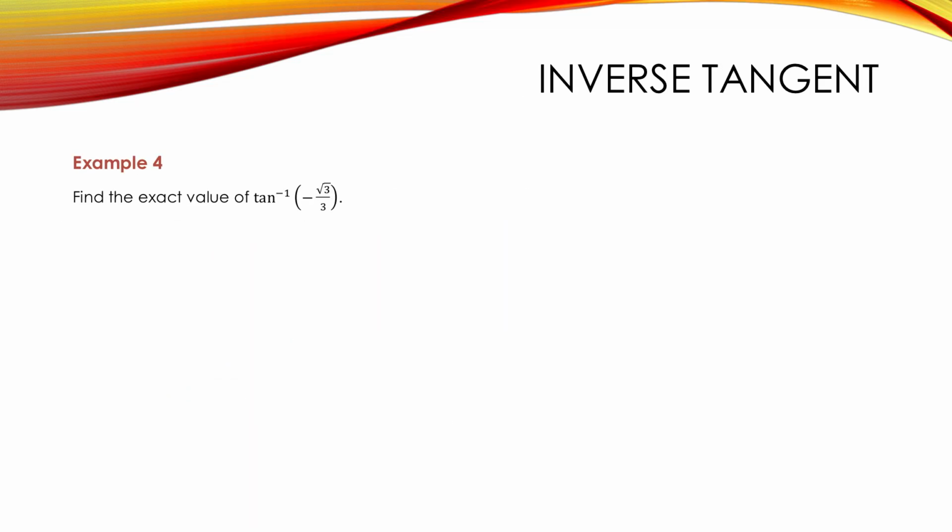So let's find the inverse tangent of negative root 3 over 3. So we know that inverse tangent of negative root 3 over 3 is some angle theta if and only if the tangent of theta is equal to negative root 3 over 3 and theta is between negative pi over 2 and pi over 2.